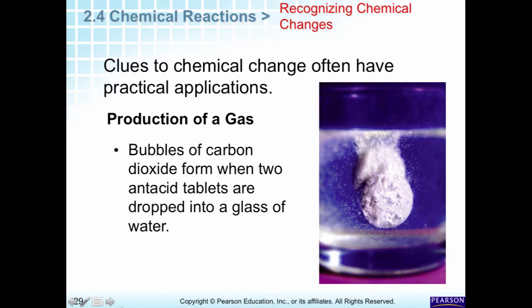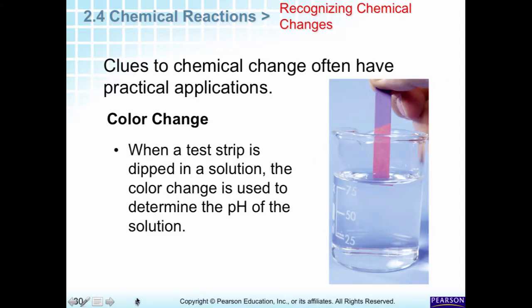Okay, so for instance, if I take an antacid tablet and put it in water, I produce carbon dioxide. So that's one clue that a chemical reaction occurred. If I take litmus paper and dip it into a solution and the color changes, it could be because of the acidity or the basicity of the solution, or the pH.